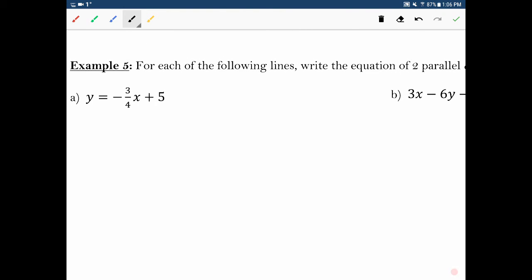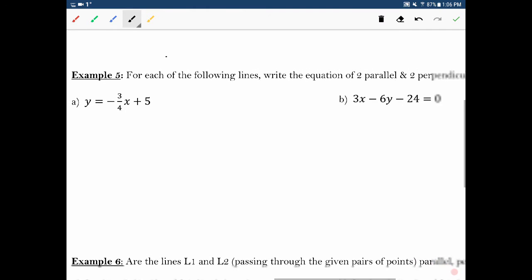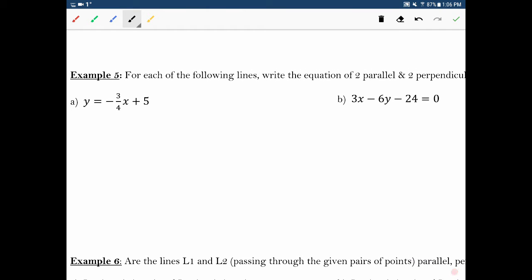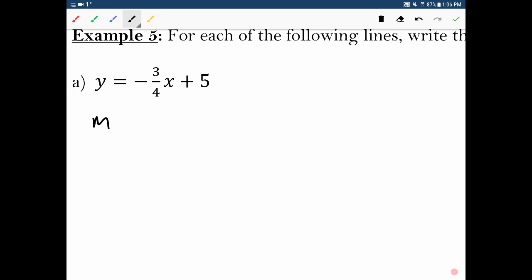So let's make it a little harder. This time you're going to write the equation of 2 parallel and 2 perpendicular lines for each. So this one has a slope equal to -3/4. So to do parallel lines, it doesn't matter what you do, as long as that number in front of the x is the same.